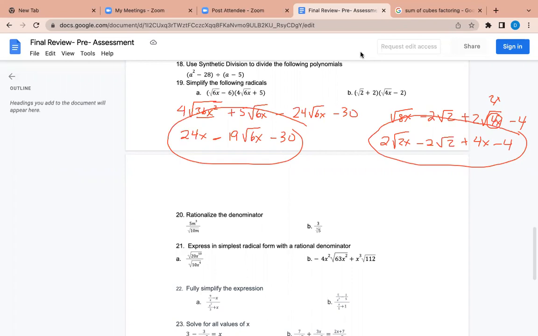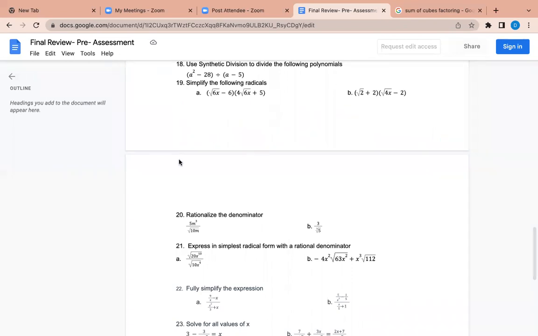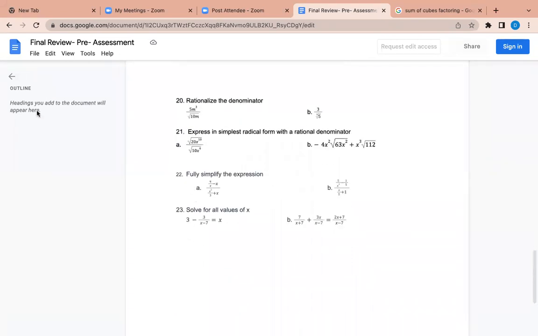Number 20. It's 5m cubed over radical 10m. And you have to rationalize the denominator, so you have to get rid of the radical. There's no perfect square inside, so I'm just going to multiply radical 10m to the top and bottom.